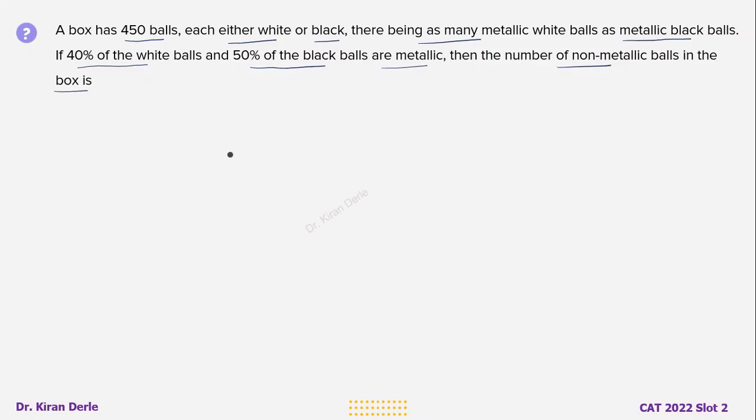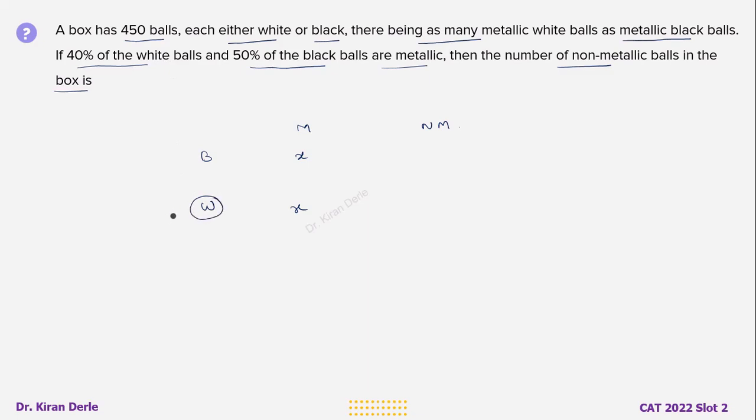Let us put it in a very systematic way. We have black balls, we have white balls, and there are some metallic balls and some non-metallic balls. It is given that there are as many metallic white balls as metallic black balls. We do not know the number of white balls.